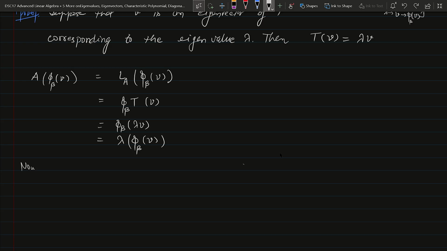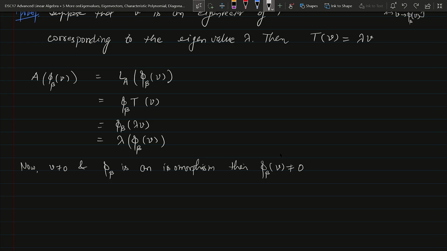Now since this v is not equal to 0 and this phi beta is an isomorphism, these two things imply that phi beta of v has to be not equal to zero, because under an isomorphism the image of a non-zero vector is a non-zero vector.